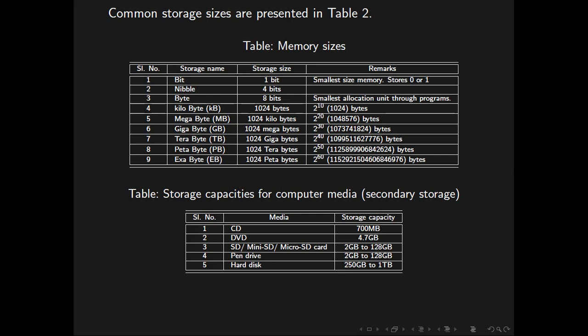After coming to byte, we move on to larger combinations. 1024 bytes will create 1 kilobyte. 1024 kilobytes will create 1 megabyte. 1024 megabytes will create 1 gigabyte. 1024 gigabytes will create 1 terabyte. 1024 terabytes will create 1 petabyte. 1024 petabytes will create 1 exabyte.